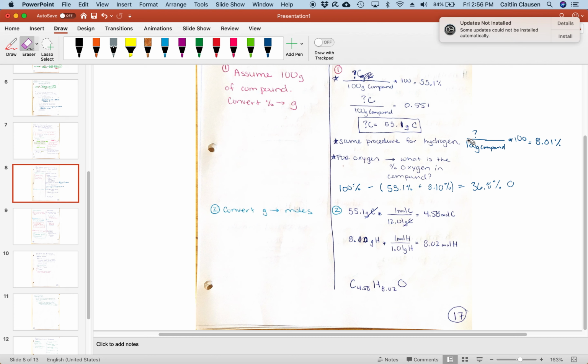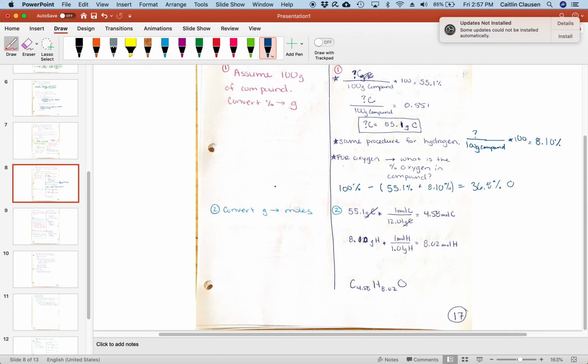And then I can set up the same formula that I did for carbon and hydrogen to get the grams of oxygen. And I should get the same, because we're working with 100%, we should get the same grams as the percentages.